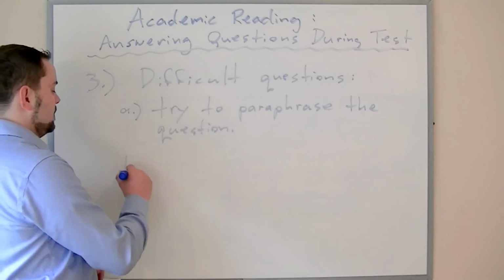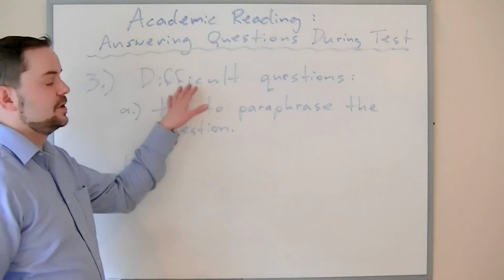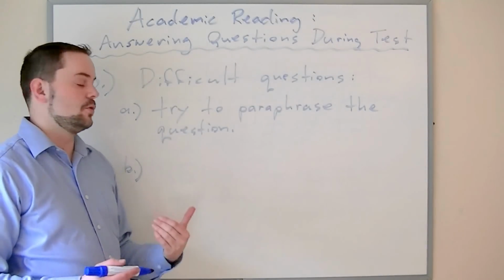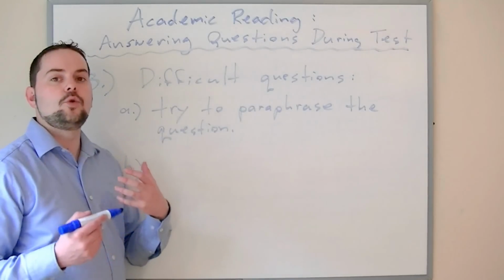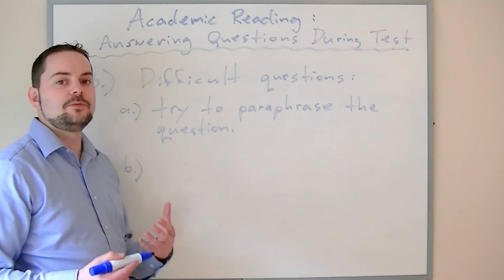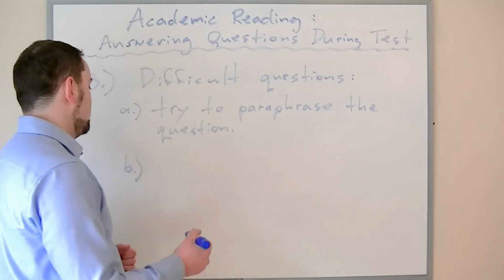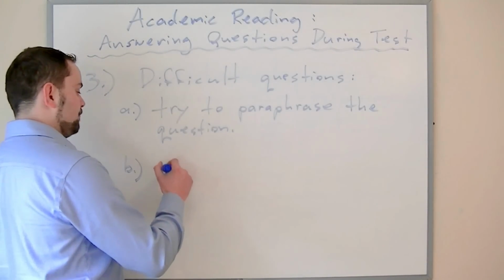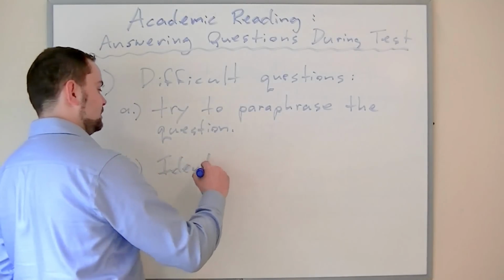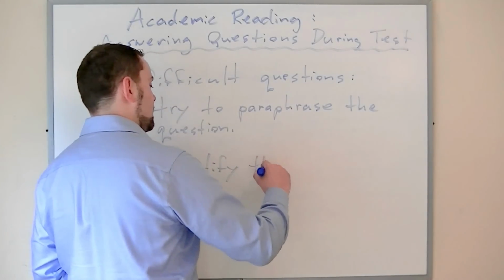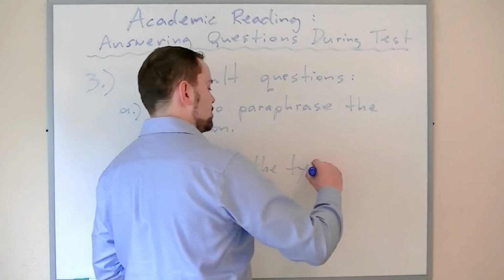The second technique you can use for difficult questions, again, this is going back to critical thinking, is identify what question is being answered by the statement or by this part of the question. So identify the type of question.